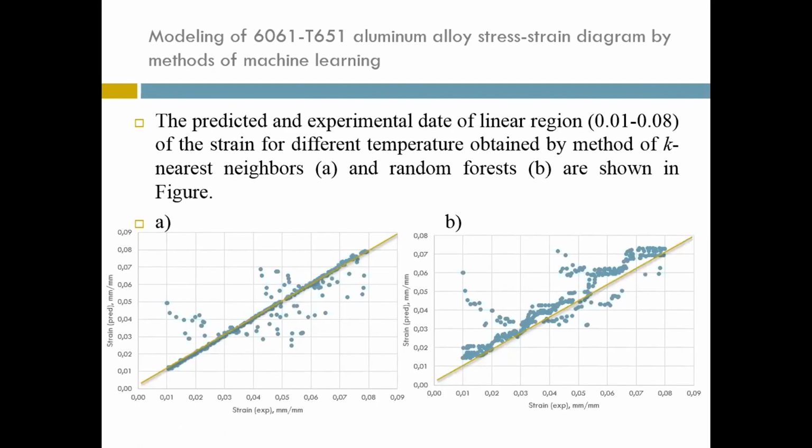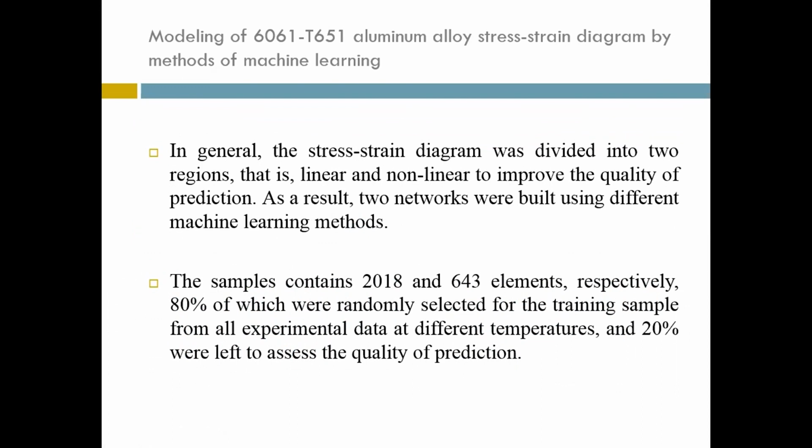Here you can see the prediction and experimental data of the linear region of the strain at different temperatures obtained by the methods of K-nearest neighbors and random forest. I want to tell you that in general, the stress-strain diagram was divided into two regions, linear and non-linear, to improve the quality of prediction.